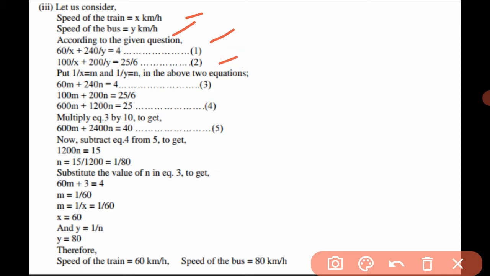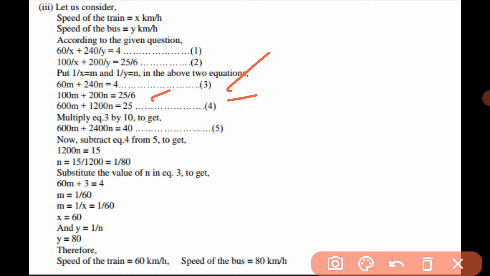Now we can put 1 upon x equals m and 1 upon y equals n. So the equations will become 60m plus 240n equals 4, and 100m plus 200n equals 25 upon 6. So it will become 600m plus 1200n equals 25. This is equation number 4.